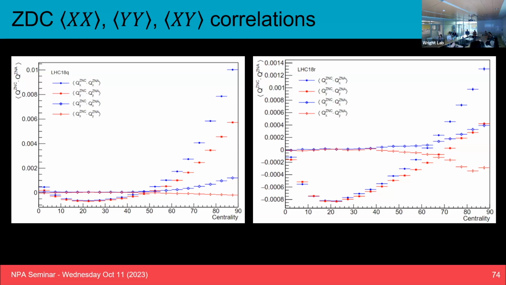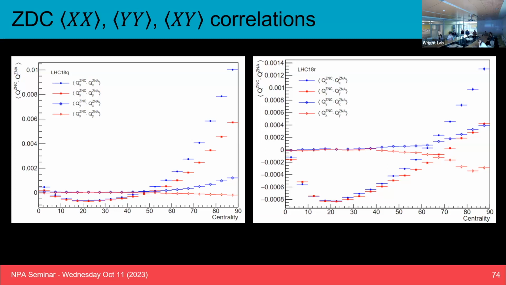You should not see any correlation in xy because they're perpendicular. Basically it means if you move in the y direction, you should not see movement in the x direction. But what you see in the ZDC is that if you plot the xy correlation, it starts to cross 0 and become positive at this point.